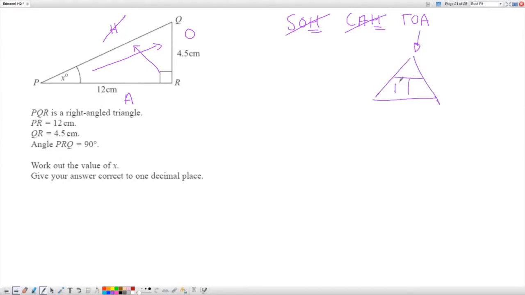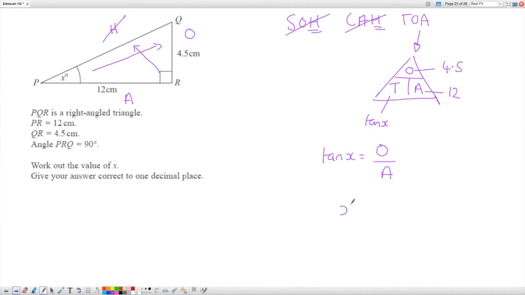Quick sketch, T-O-A. Tan is the angle. We don't know it, X. O is 4.5 and A is 12. To be able to find tan X, we're going to need to take the opposite and divide by the adjacent.